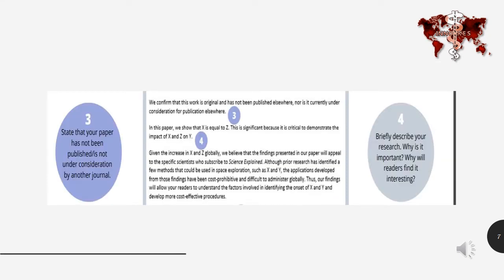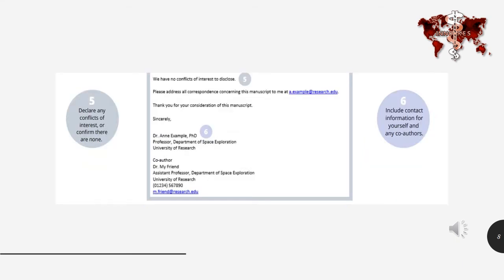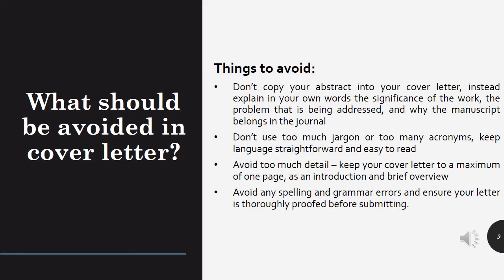Third, state that your paper has not been published or is not under consideration by another journal. Fourth, briefly describe your research, why it's important, and why your readers will find it interesting. Fifth, declare any conflicts of interest or confirm there are none. Sixth, include contact information for yourself and any co-authors.